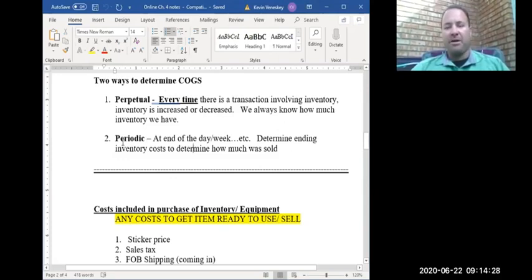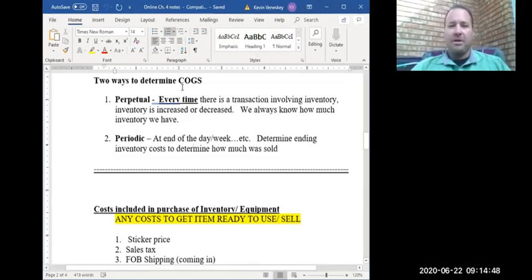The periodic method, you don't update your inventory after every single sale or after every single purchase necessarily. You update it at the end of the day or the end of the week, depending on how many sales you do.